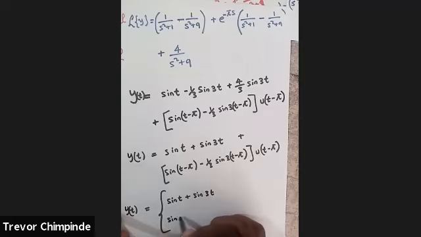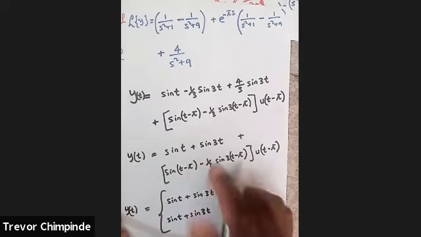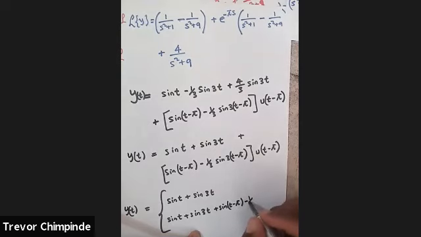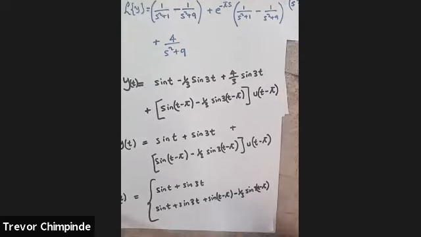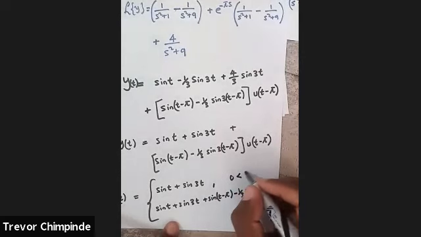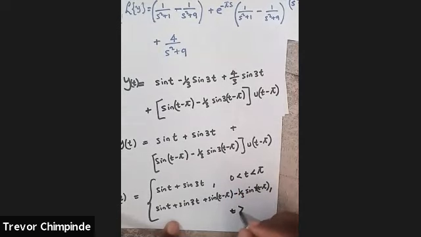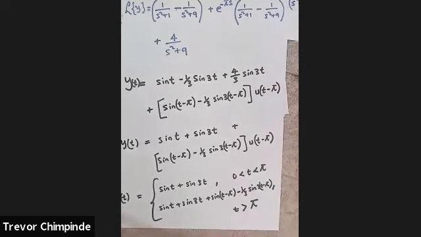This also appears here, sine t plus sine 3t, plus sine t minus pi, then minus 1/3 sine 3t minus pi. What are your intervals? This one is for t between 0 and pi, and this one is when t is greater than pi. And that's your solution.